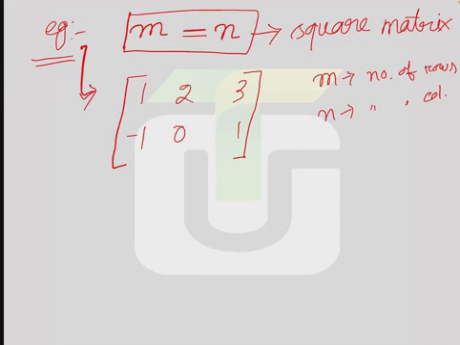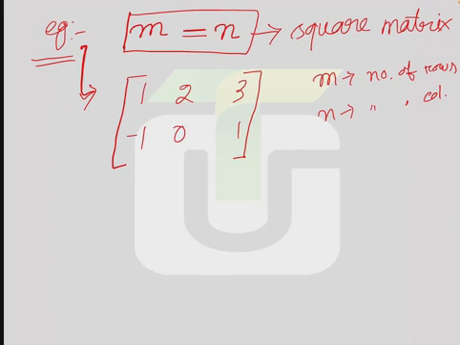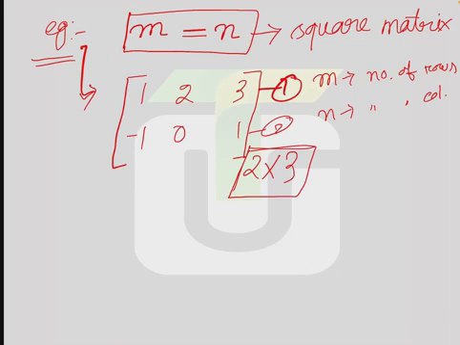According to the definition, a matrix is said to be square if the number of rows is equal to the number of columns, that means m is equal to n. So here the order of the matrix is, m is 2 and n is 3, so 2 by 3, correct?